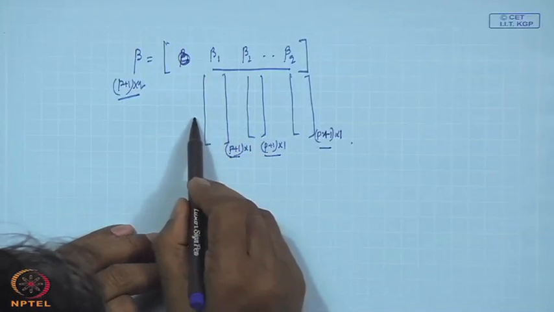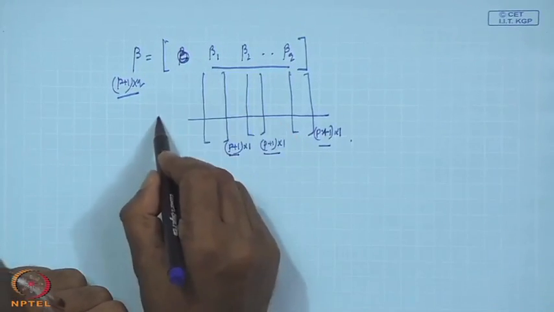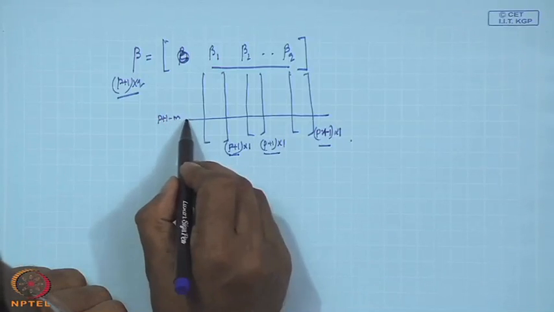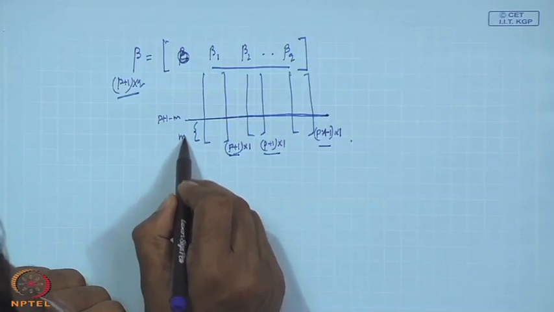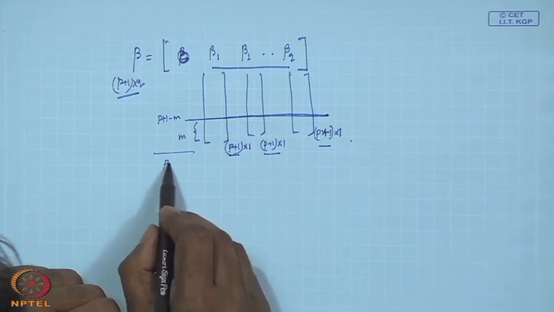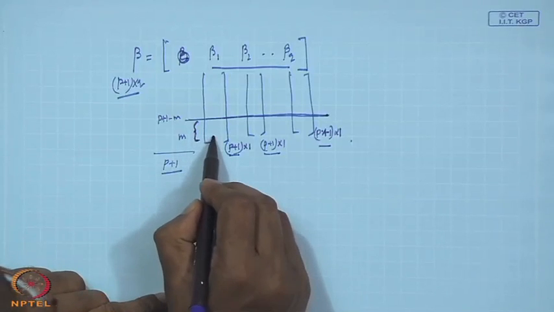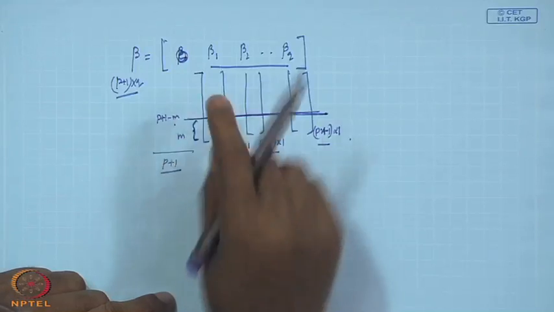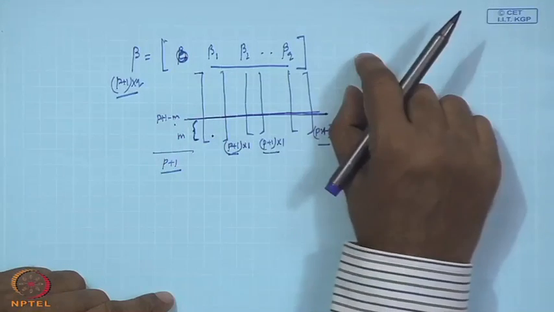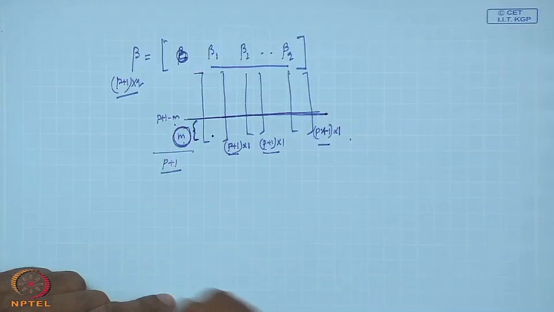So here you have P plus 1. If I say that this one starts from P plus 1 minus m up to this, then this one is m, because the total is P plus 1. So we are trying to say that these P plus 1 minus m variables are contributing, and the remaining m variables are not contributing.